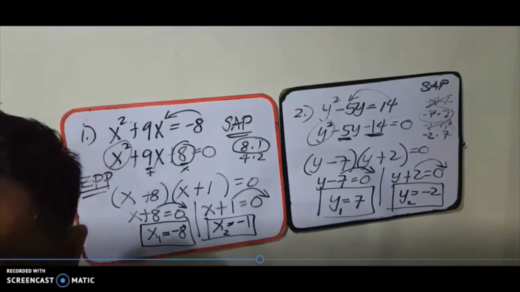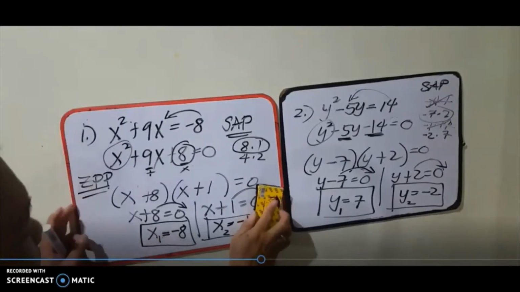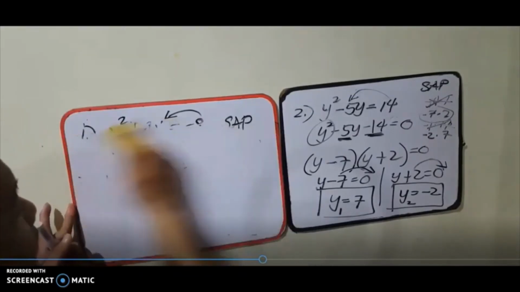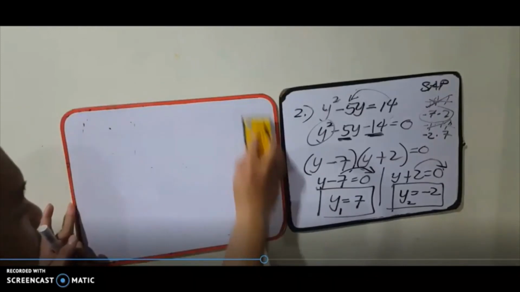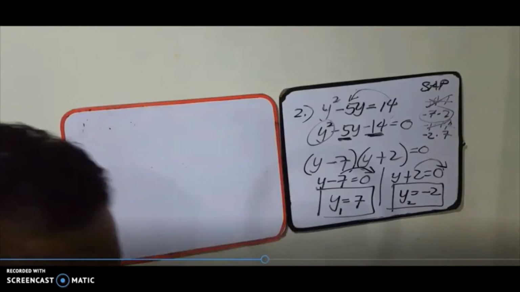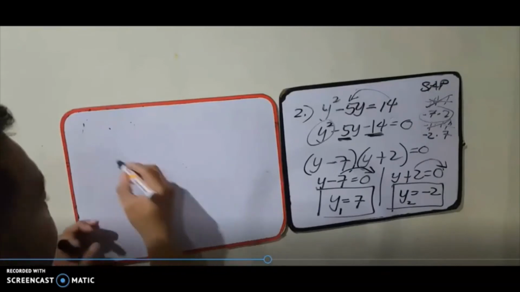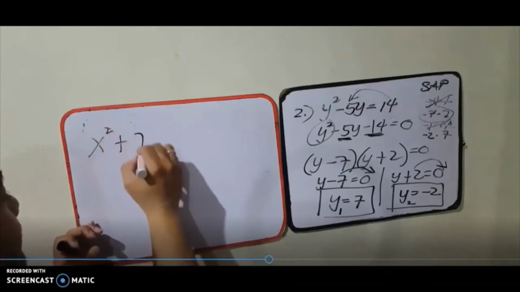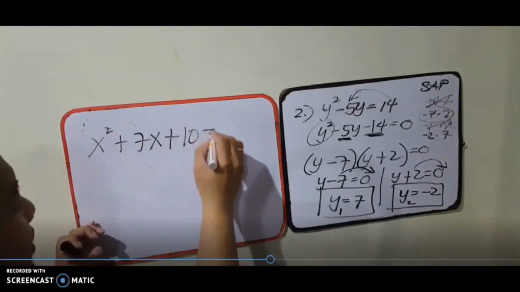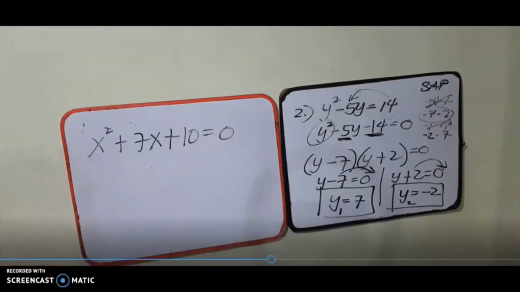So let's have this example. For example number 3, we're going to use x squared plus 7x plus 10 is equal to 0.